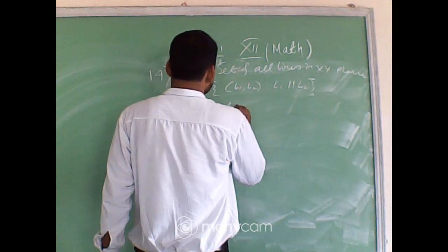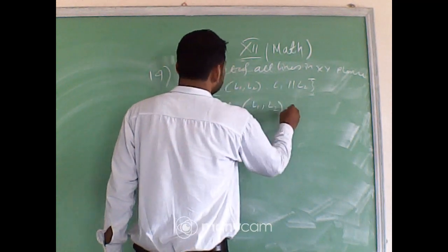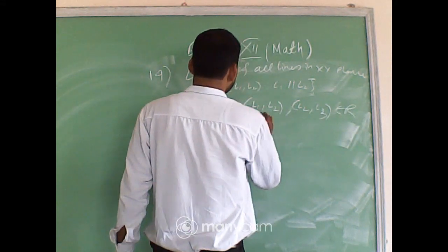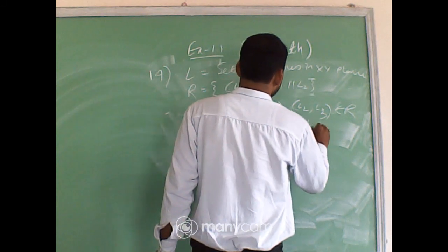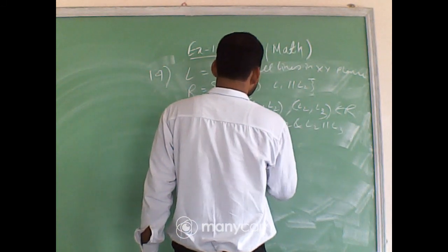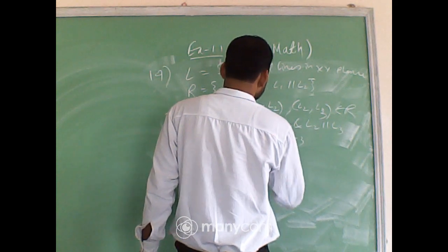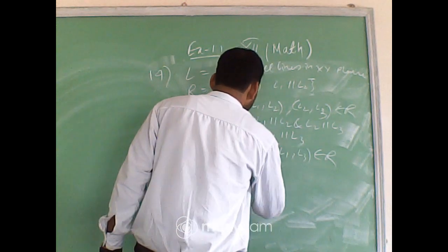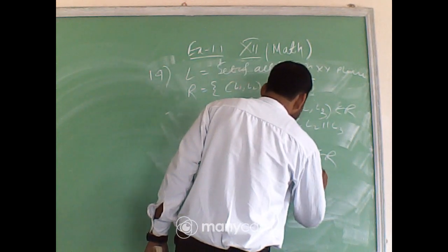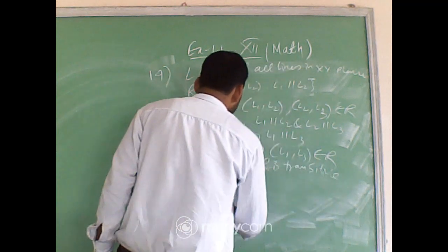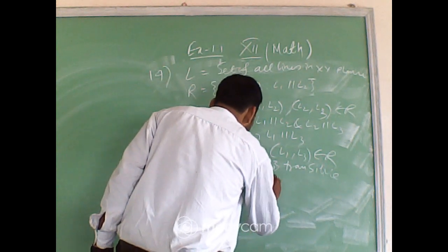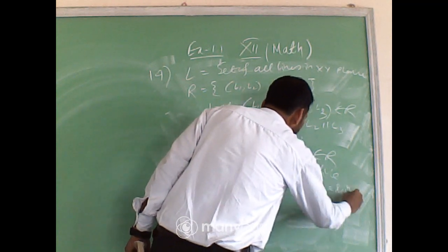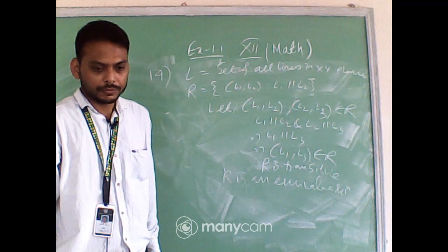Let (L1, L2) and (L2, L3) belong to R. Therefore, L1 is parallel to L2 and L2 is parallel to L3, which implies L1 is parallel to L3, which implies (L1, L3) belongs to R. Therefore, R is transitive. And hence, we conclude that R is an equivalence relation. Isn't it?